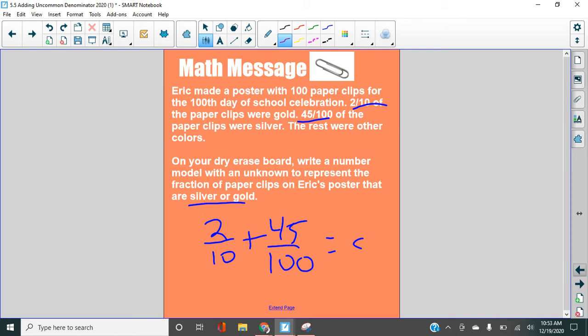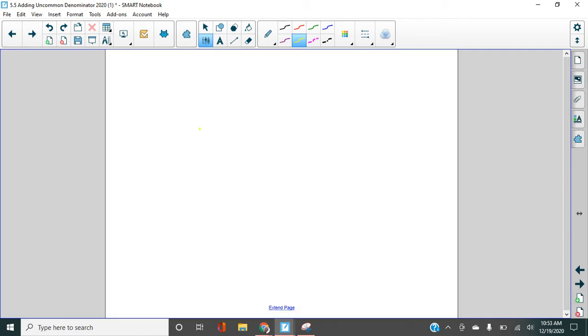What we are going to do instead is, well, what do you think we could do? Do you have an idea? All right, I'm going to tell you. We're going to think about how we could change 2/10 into hundredths. If you think about a number grid that we've seen, 2/10 was 1, 2.